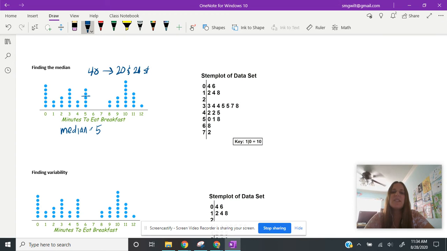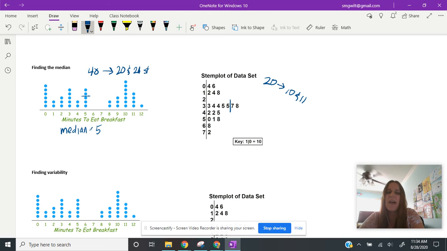And I would do the same thing with the stem plot. Since I have 20 data values, that would mean my median lies between the 10th and 11th values. So if I've got values here, 5, 6, 7, 8, 9, 10, my median would occur here between 5 and 7.